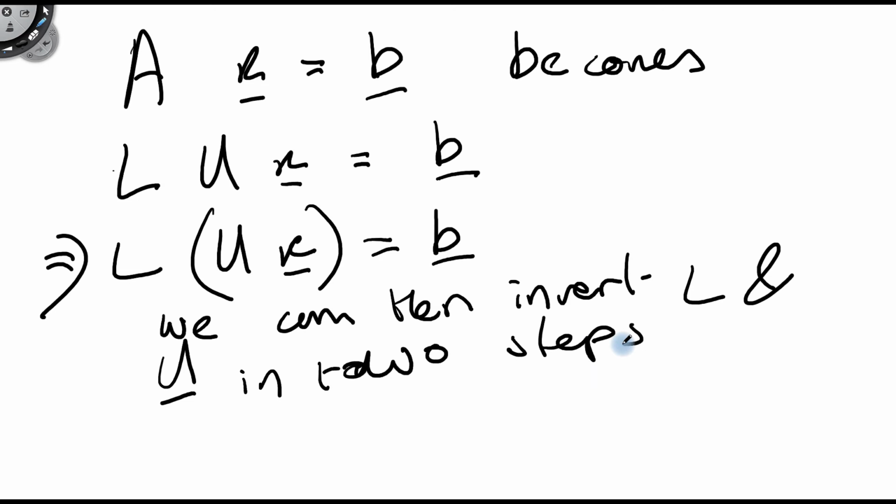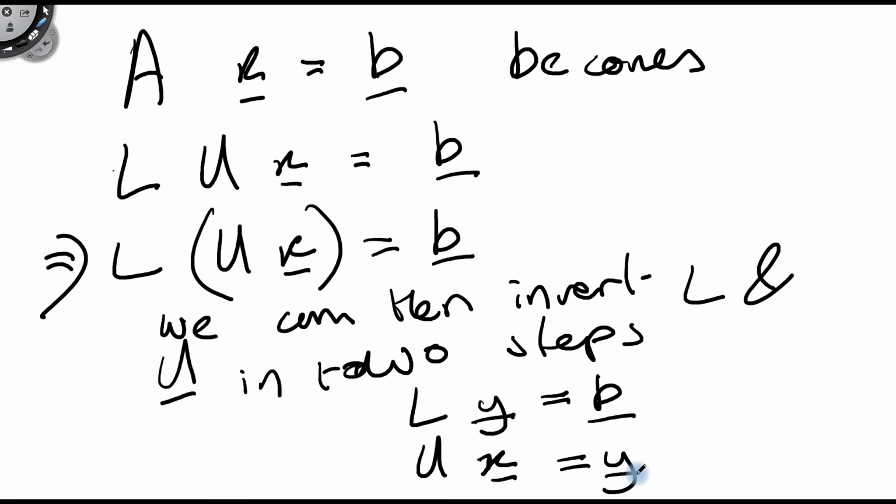We do this by saying, let's let an intermediary vector y satisfy Ly equals B, and then Ux equals y. So I've split it into two inversions: you invert L and then you invert U. Obviously you can check that this is the same as above: if I substitute the bottom line, Ux equals y, into here, you recover L times Ux equals B. So we have two steps then.